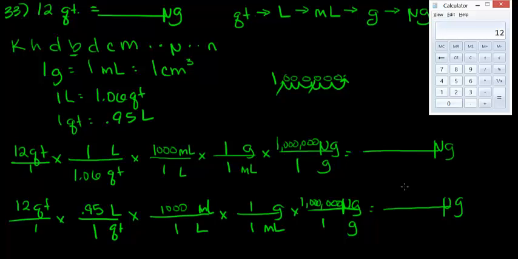12 times 1,000 times 1,000,000 divided by 1.06. 1 billion, is that billion? 1698, okay.